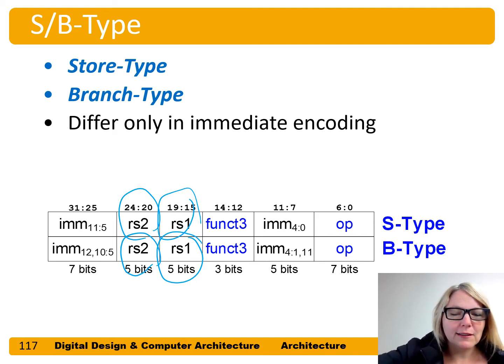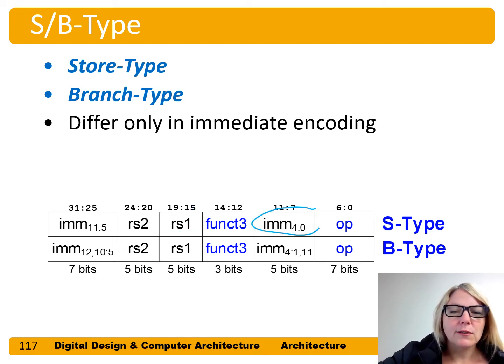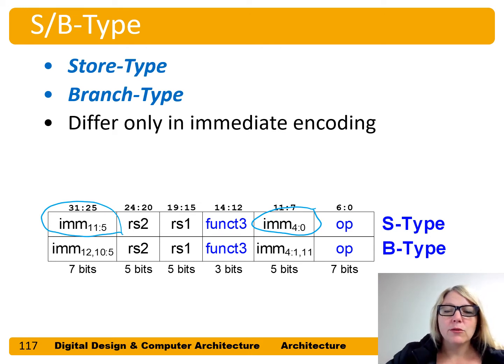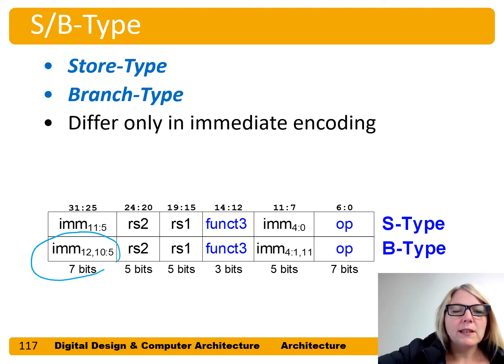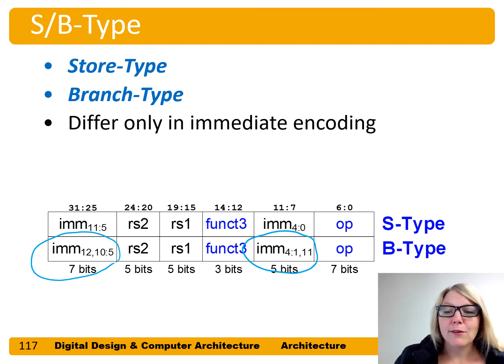The immediate field is where these differ. We'll talk about this in detail, but the immediate field is a 12-bit signed immediate for the store type instruction, encoded in these two locations split up there. For the B type instruction, it's actually a 13-bit signed immediate, and the 0th bit is not encoded, and we'll talk about why.